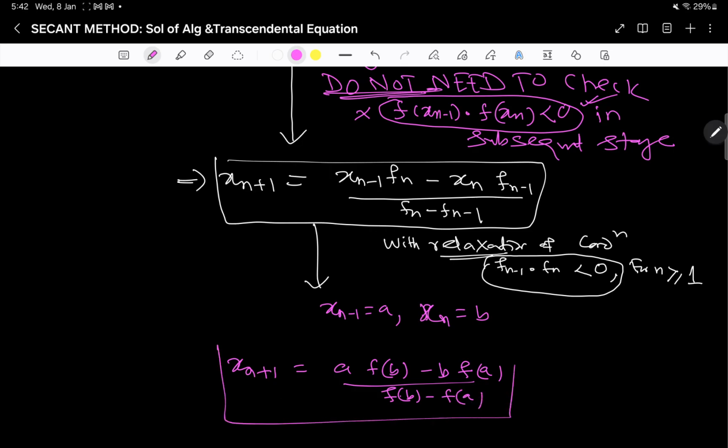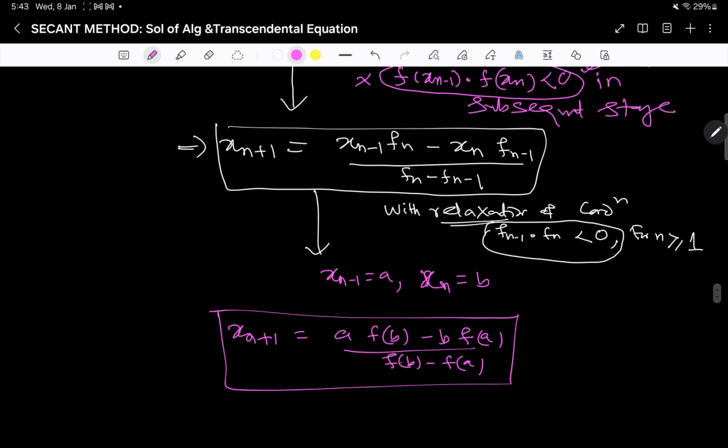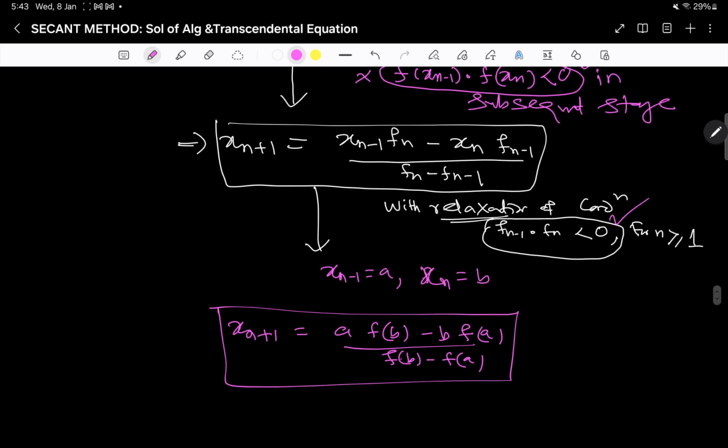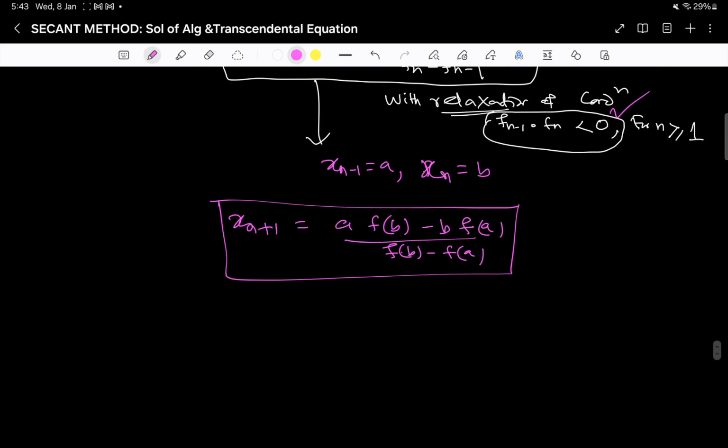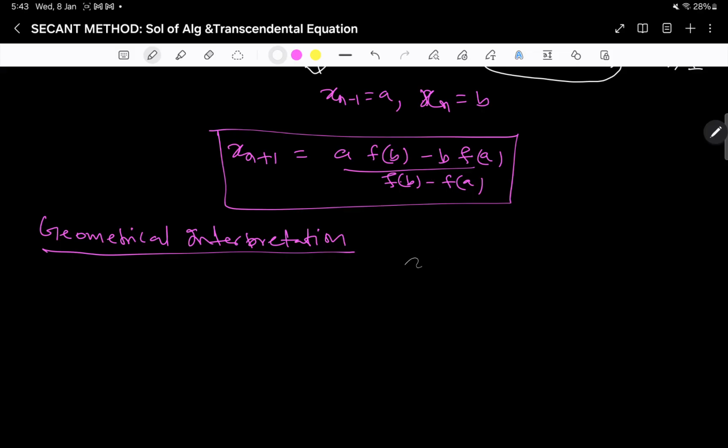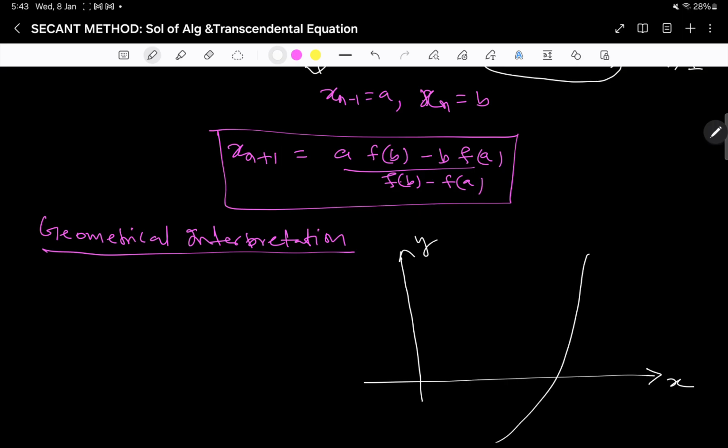So this is my formula. As usual, we'll take a and b without looking into this restriction. In view of the geometrical interpretation, which is the same as in our previous case, we consider the xy plane and the curve y = f(x).